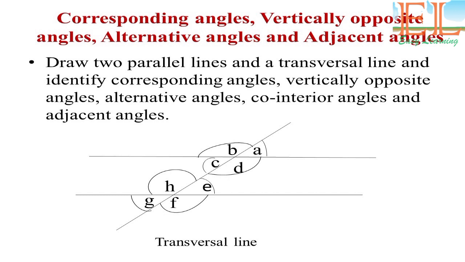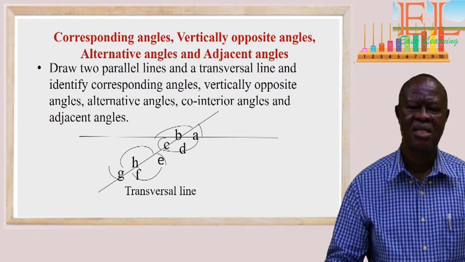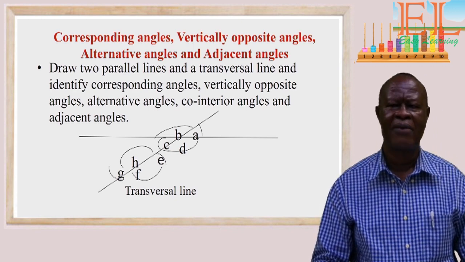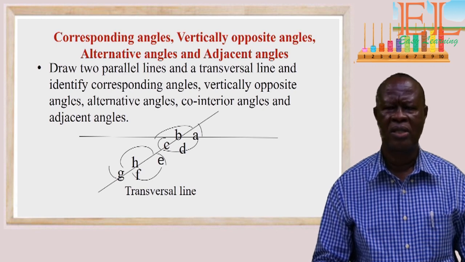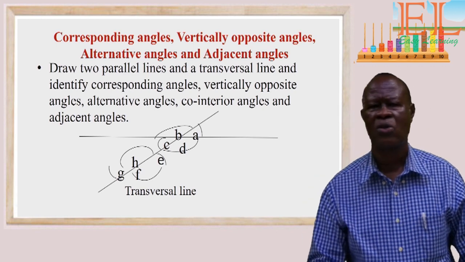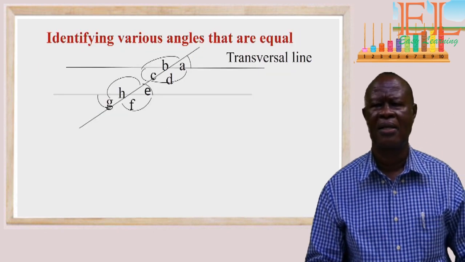Now the line crossing the two parallel lines, we call it the transversal line. So the two lines we see there are parallel, but the one crossing them is the transversal line. And now let us look at those angles which are corresponding, vertically opposite, alternate angles, and adjacent angles. So identify various angles that are equal.